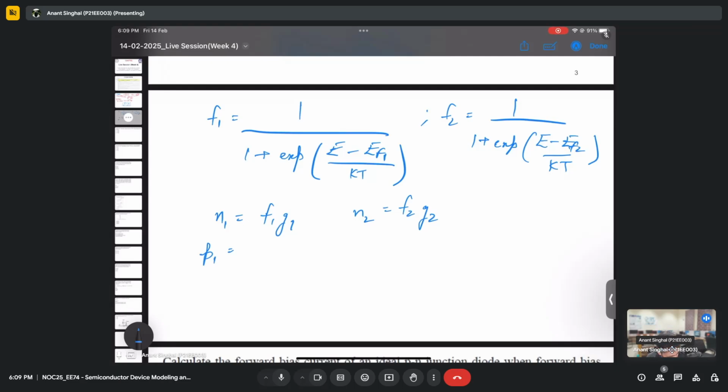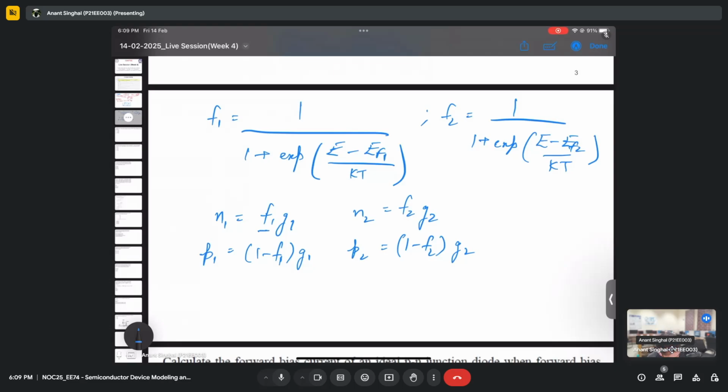Okay, 1 minus F1, that is nice. So 1 minus F1 times G1 will be the hole concentration, because the total probability needs to be 1. 1 minus F1 gives you the probability of holes at that particular energy level. Similarly, it will be 1 minus F2 times G2.